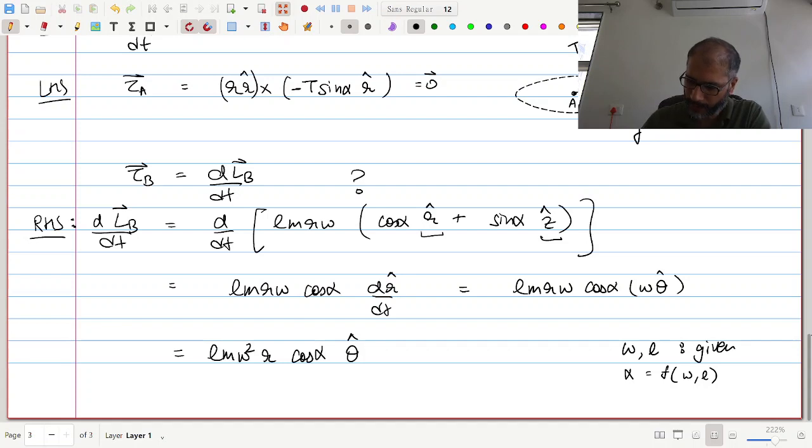So r is actually dependent on L, so we'll have to get rid of r in terms of L and alpha. So let's write that. We know that L times sine alpha is r, so I can write r as L sine alpha.